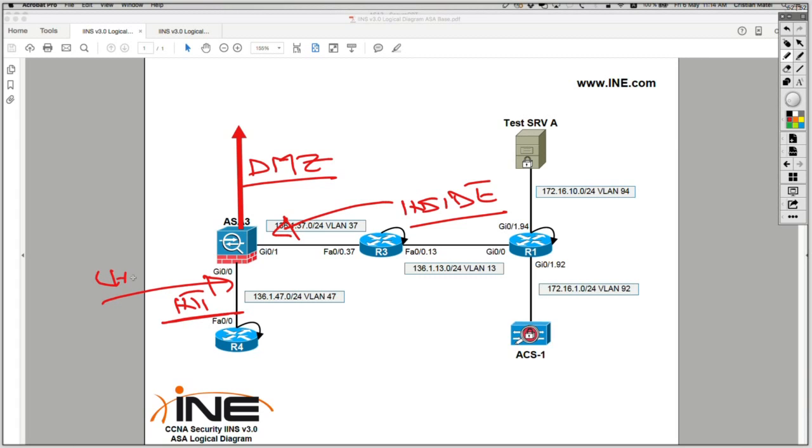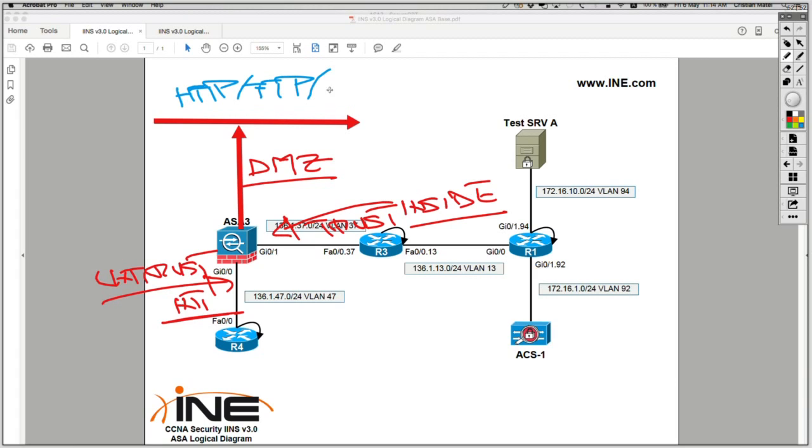So this is going to be the untrusted, and this is going to be the trusted one. Now the DMZ interface usually points to services. You're going to have in here some kind of services, like let's say HTTP services, FTP services, what else, let's say SMTP services.